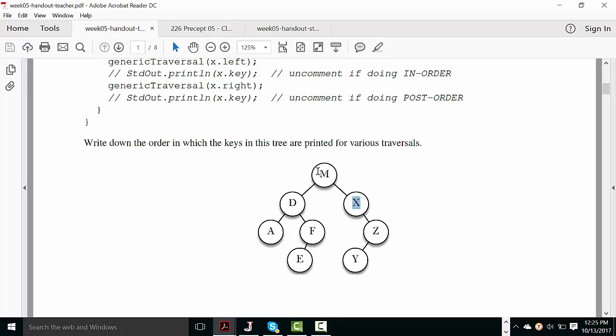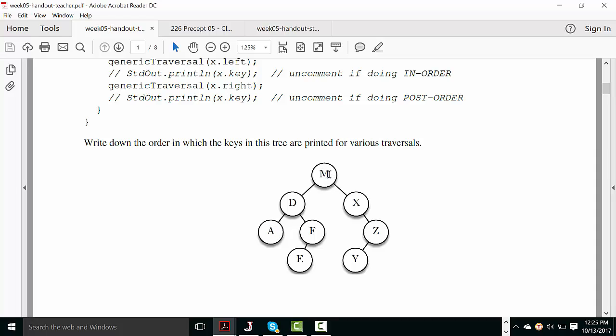So in this case, when we process using the pre-order traversal, we go to the root, so you output M, and then you go to the left subtree where you go to the root first, you output D, and then once you process the root, you go to the left subtree, there you process the root again.